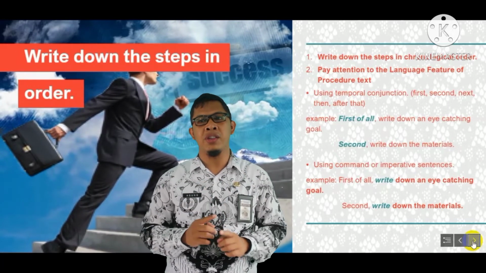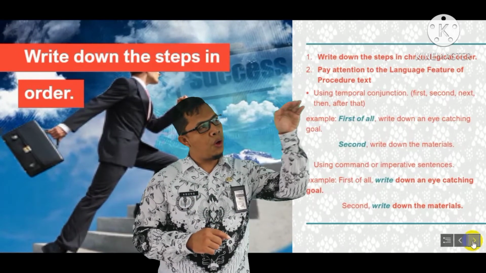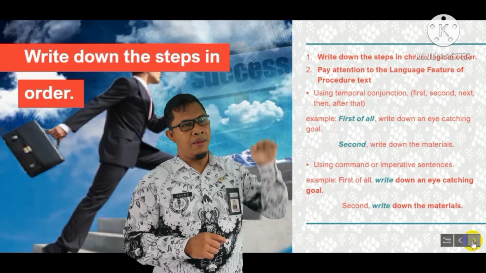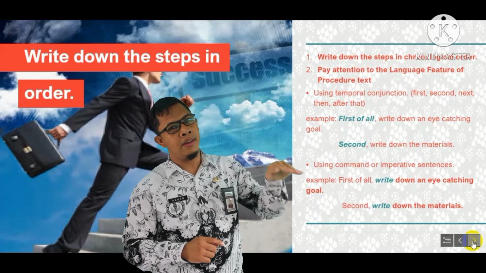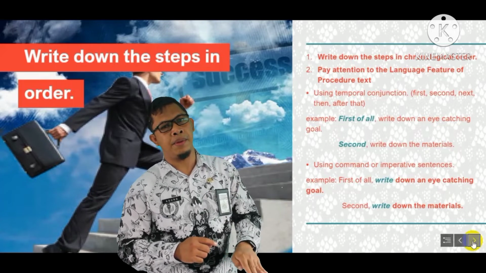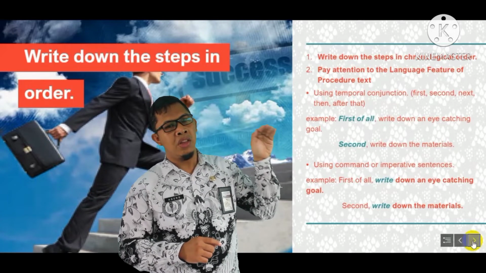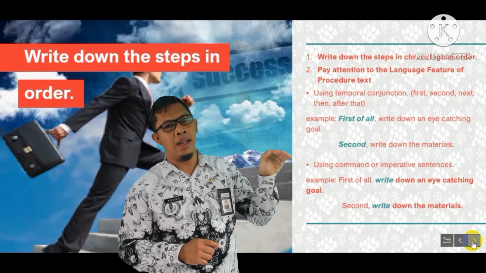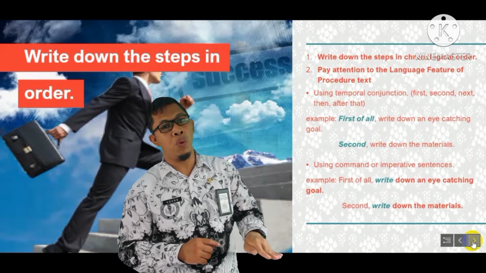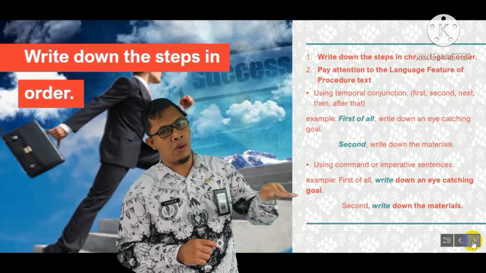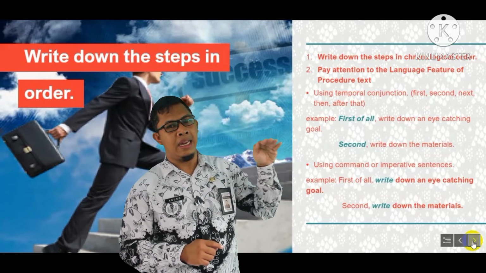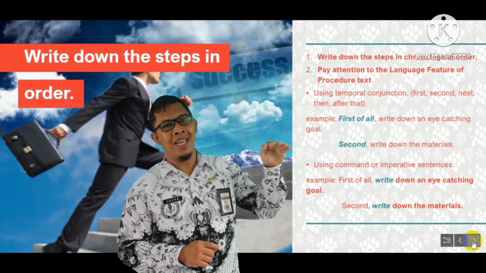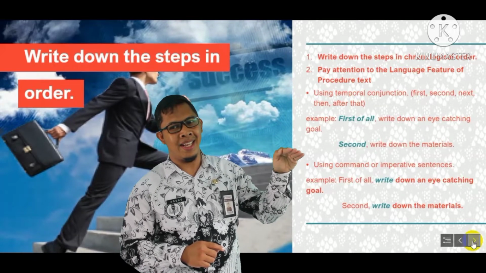So please write down your steps in chronological order, from the first step and then second, third, and the last step. Jadi silahkan tuliskan langkah-langkahnya secara urutan, kronologisnya secara urut. Jangan sampai kebolak-balik ya, karena jika kebolak-balik mungkin hasilnya kurang bagus.